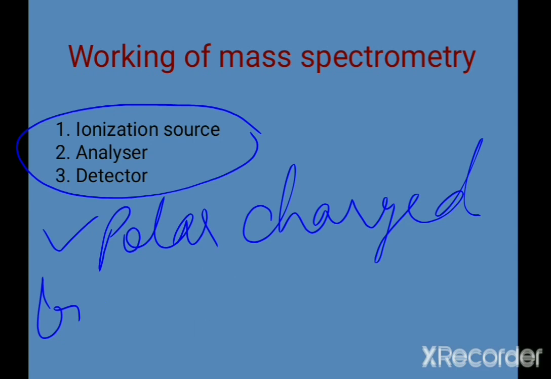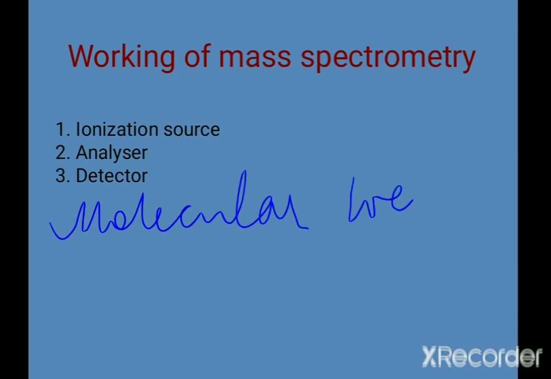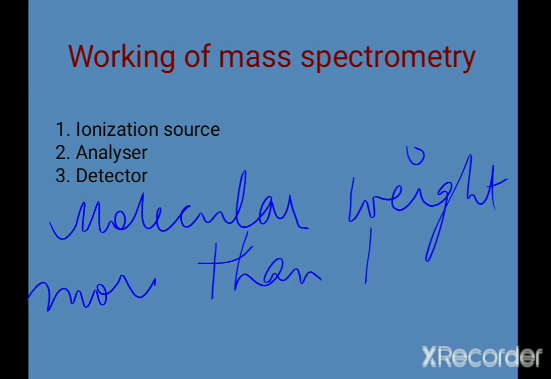Also, the molecular weight of the biomolecule whose weight is being determined must be more than 1299 daltons, so it could give a better result in multiple charge ions.